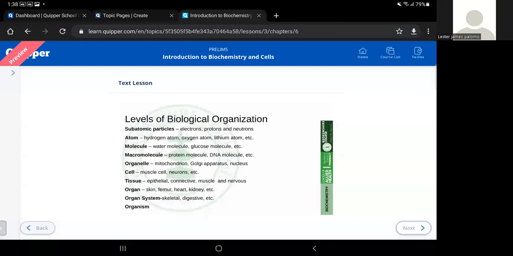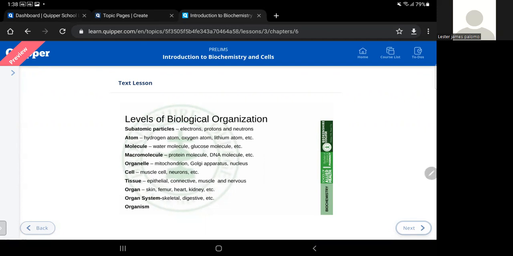And then molecules: we have your water, glucose, oxygen molecule O2, and carbon dioxide molecule. And then we have your macromolecules, like protein molecules, DNA molecules, and among others. And then we have your organelles. Later on, we will be discussing the cell structure and its organelles, the basic parts of the cell.